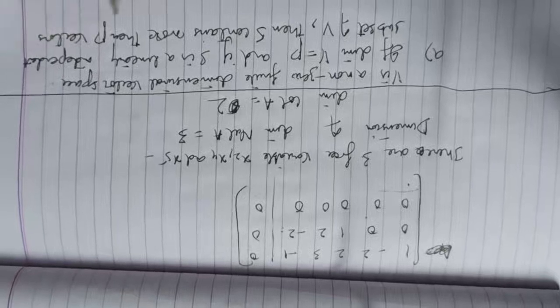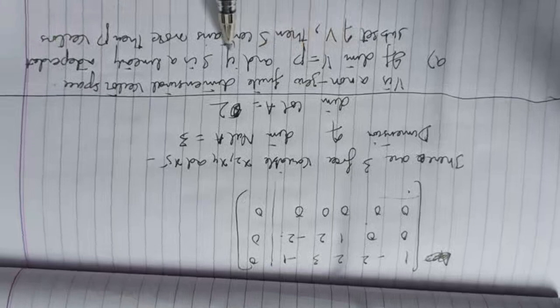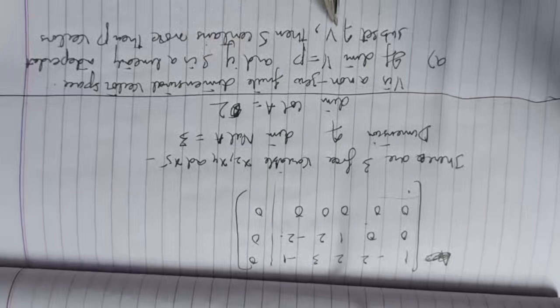What do you think? The question is that if the dimension of the vector space V is P, and S is a linearly independent subset of V, which is a set of vectors from V that are linearly independent, then S contains more than P vectors.